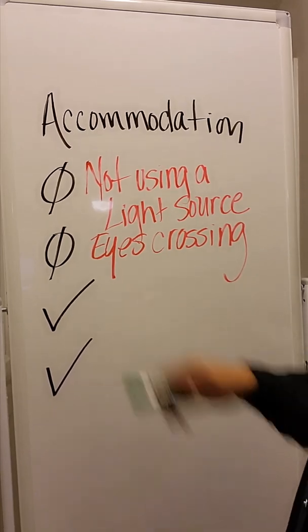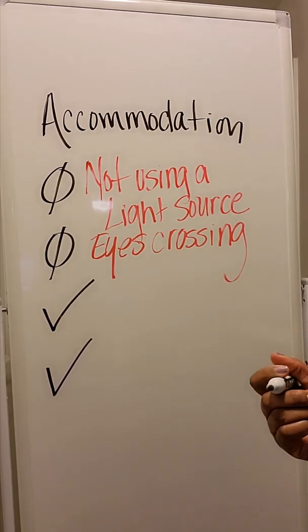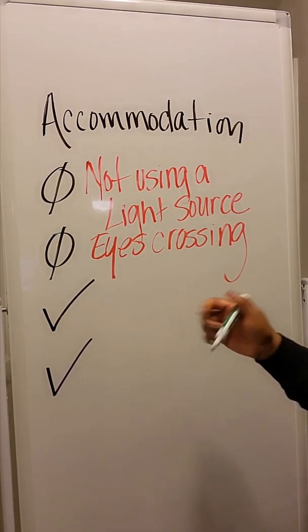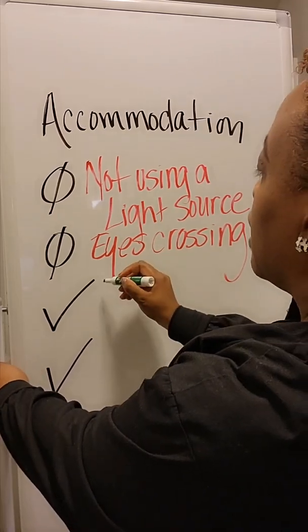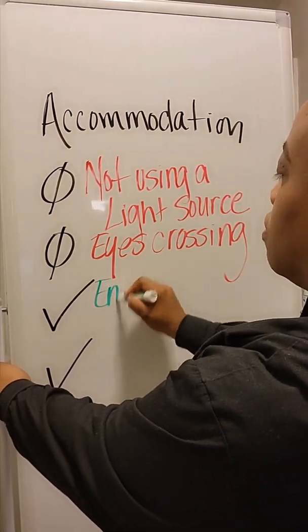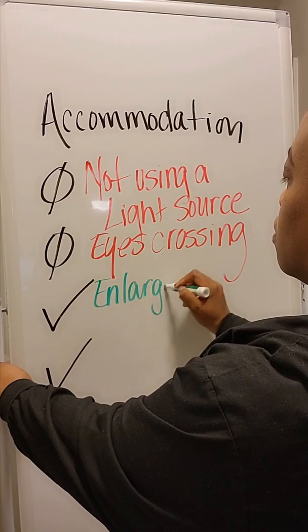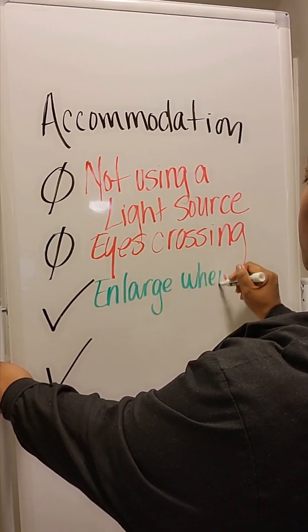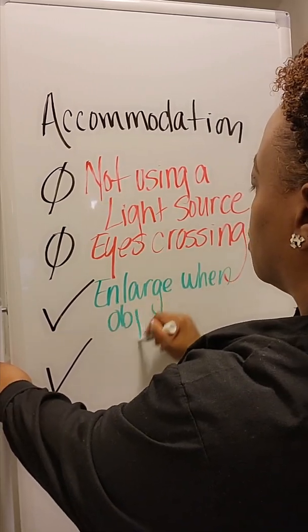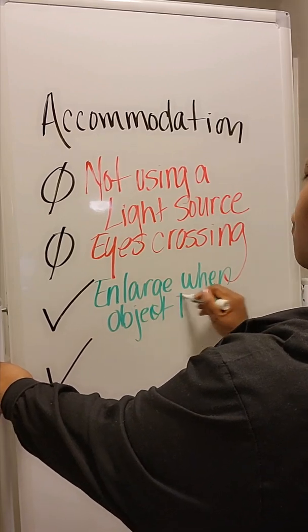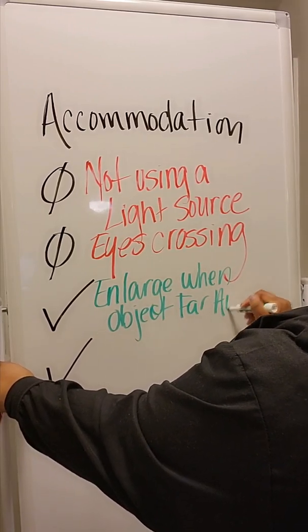So what is accommodation? Accommodation is assessing for a person's pupils to enlarge when an object is far away. Okay?